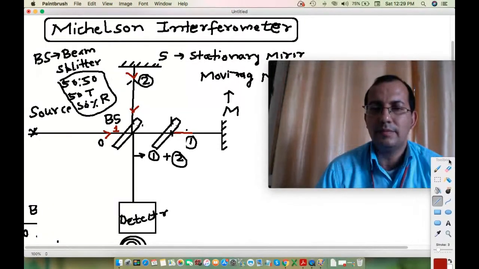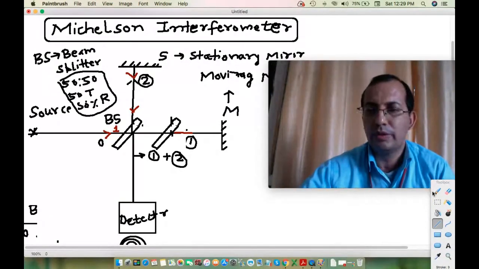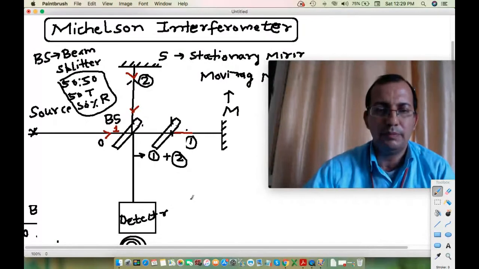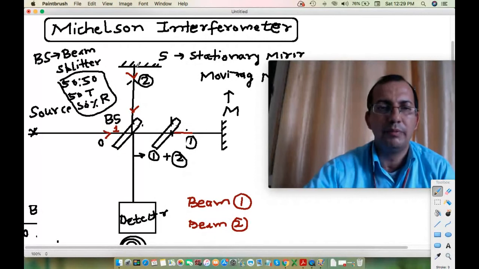We have seen ray number one. So what you would have is beam one, beam two. Beam number one is reflected from the movable mirror. Beam number two is reflected from the stationary mirror.